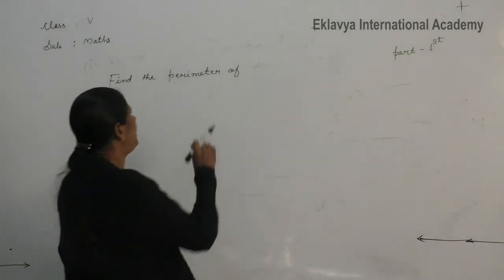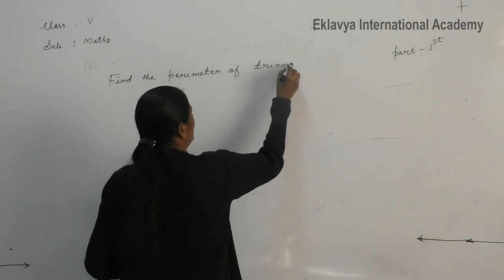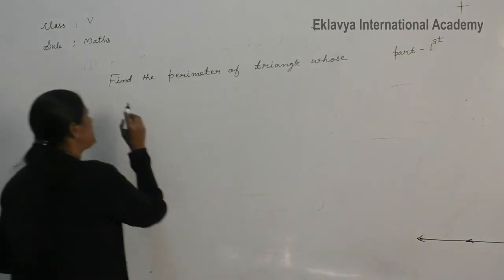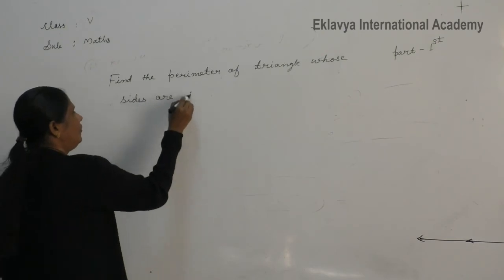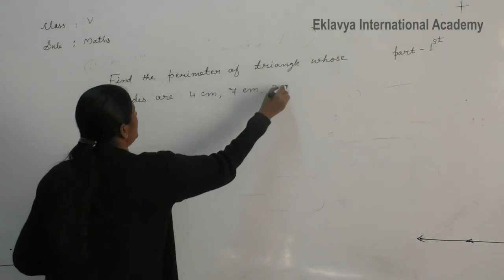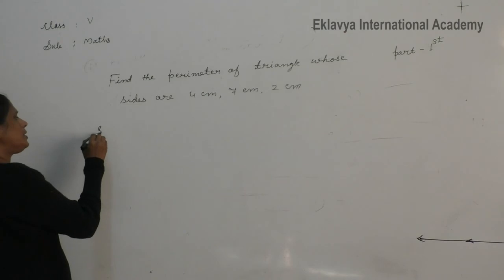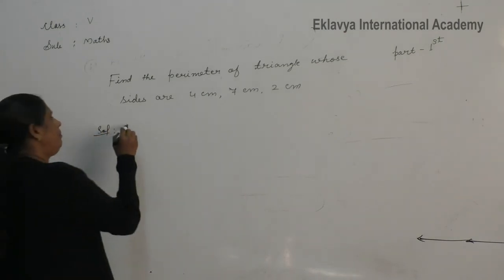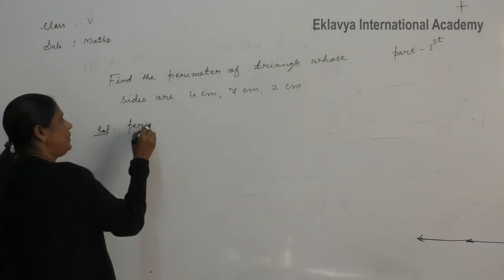Then find the perimeter of a triangle whose sides are 4 centimeter, 7 centimeter, and 2 centimeter. Okay. First you write the solution and the formula. This is a scalene triangle.